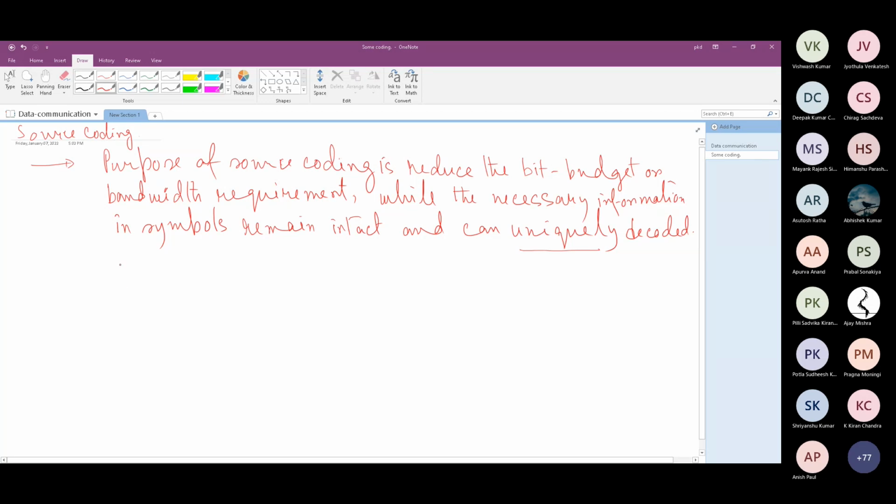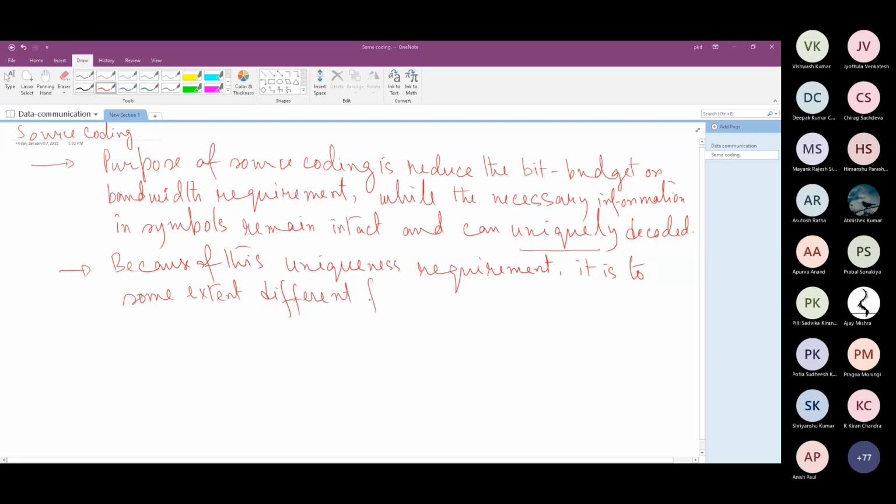So because of this uniqueness requirement, it is to some extent different from data compression.